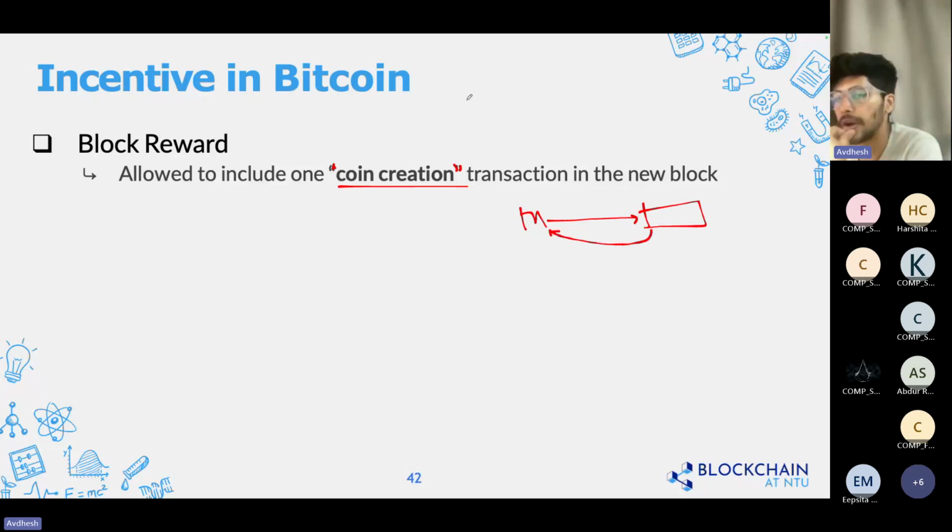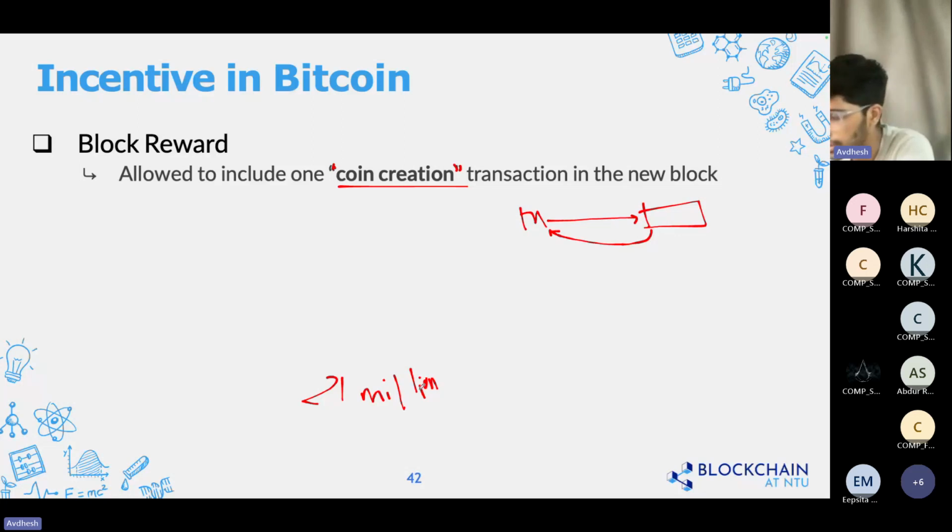The thing with Bitcoin is that the supply is 21 million. So there will be only 21 million Bitcoins for the entire existence of the Bitcoin network. It won't increase, it won't decrease, it won't change.